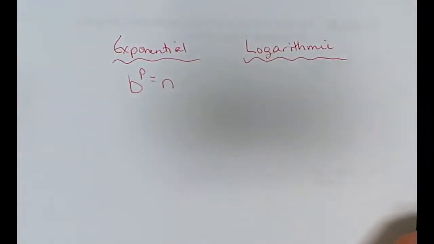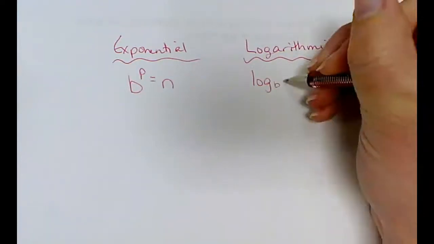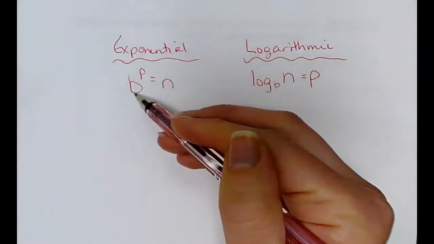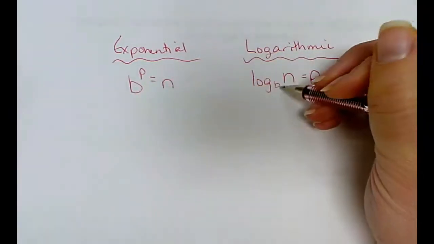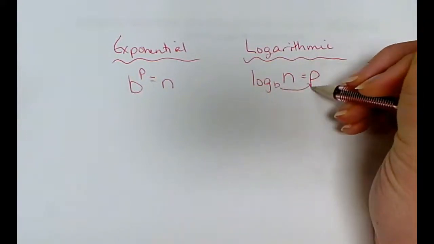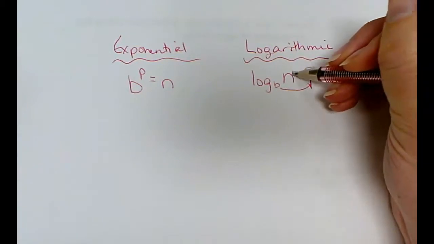Rewriting this in logarithmic form, you would say log base b of your number equals the power. So it's not base to the power equals number, it's log base b of the number equals the power. We go in this direction: base b raised to the power equals the number.